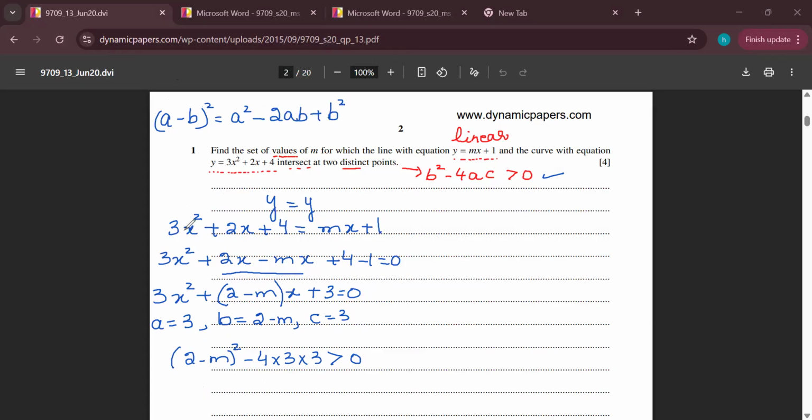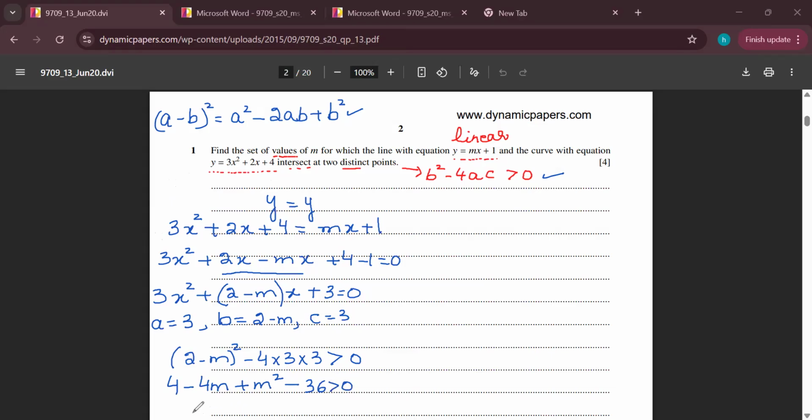Either do it like this or the way other students do it, a minus b whole square means a minus b, a minus b. But this is the best one. Here a is 2 and b is m. When you plug in the values, it becomes 2 square means 4, minus 2ab means 2 into 2 into m, so it will be 4m, plus b square means m square, minus 4 times 9 is 36, which is greater than 0.